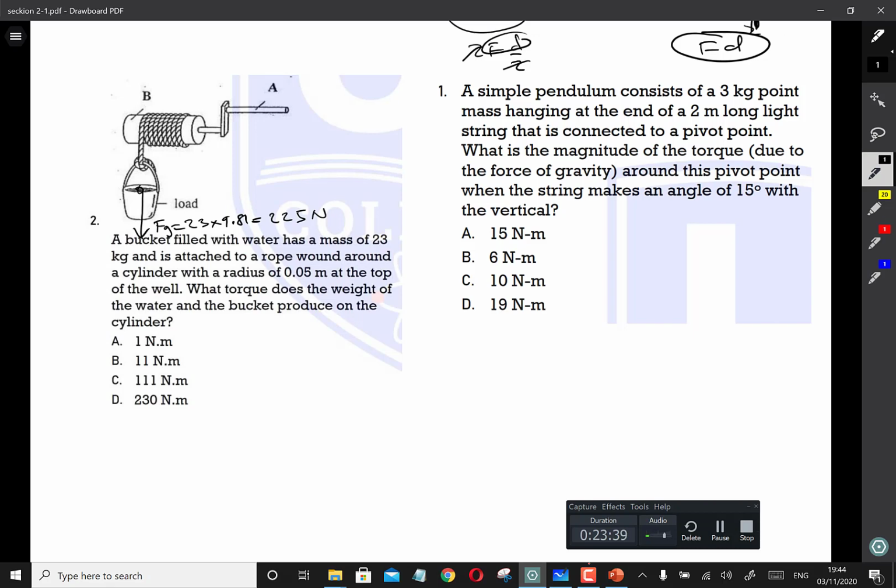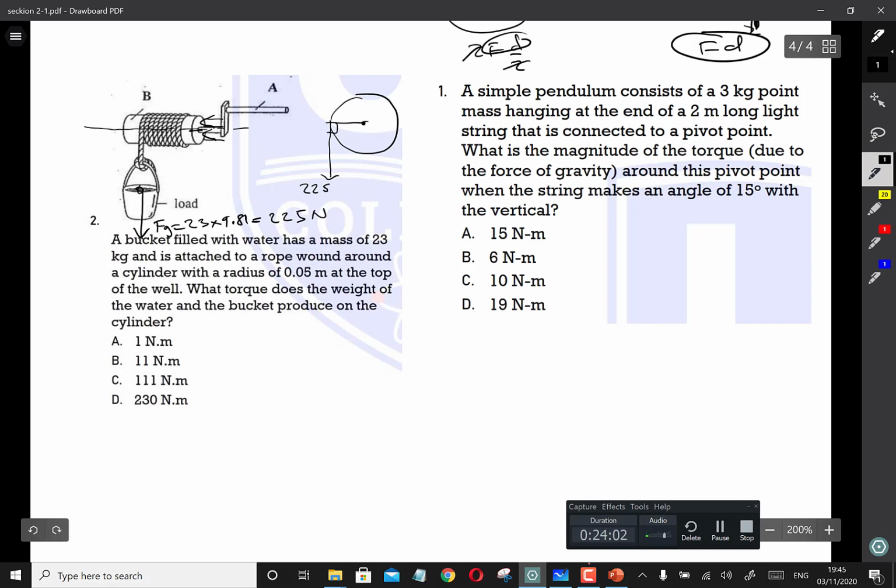And this produces a torque about an axis that passes through the center, and the radius of the cylinder is going to be the distance for this force. So it's going to be something like this. This is the rear view of this cylinder. So the force will be acting like this, 225, and this is the axis of rotation.